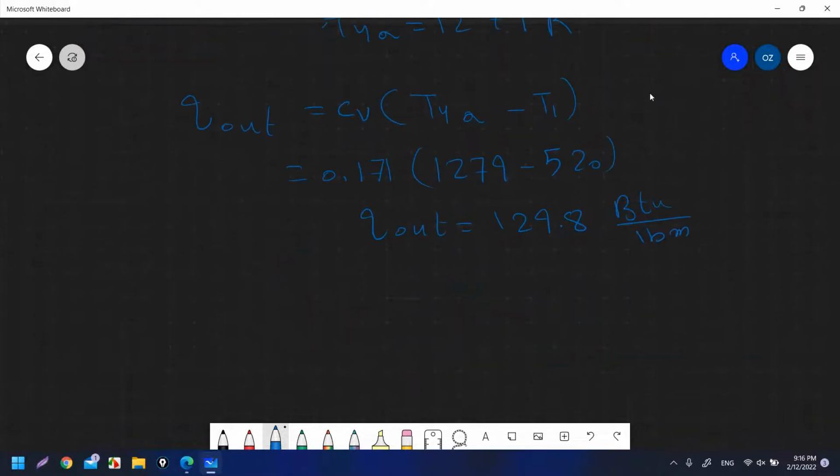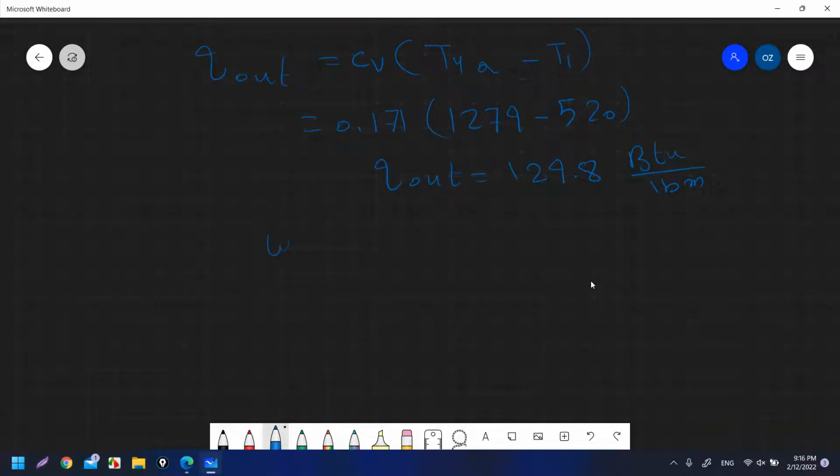Then finally I can find W net, and from W net I can find the thermal efficiency. Qn minus Q out gives 247.3 minus 129.8, so W net is equal to 117.5 BTU per pound mass.